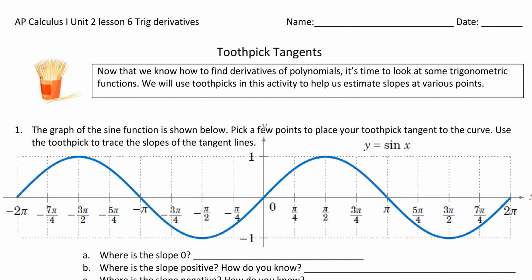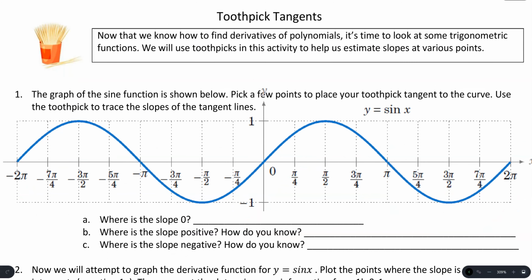Okay, so let's look at these trig functions and see what we notice. Looking at this sine curve, I asked you to take those toothpicks and place them tangent to the curve.